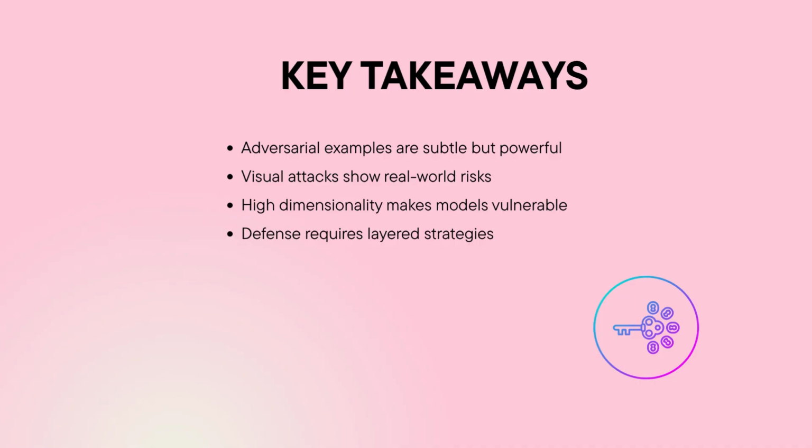The root cause is the high dimensional nature of AI models, which makes them overly sensitive to small modifications or changes. Defenses such as adversarial training, sanitization, and ensemble methods provide partial protection, but building resilient AI will always require layered, and evolving strategies.